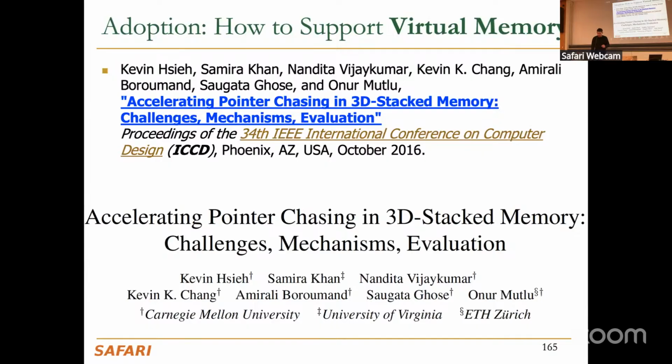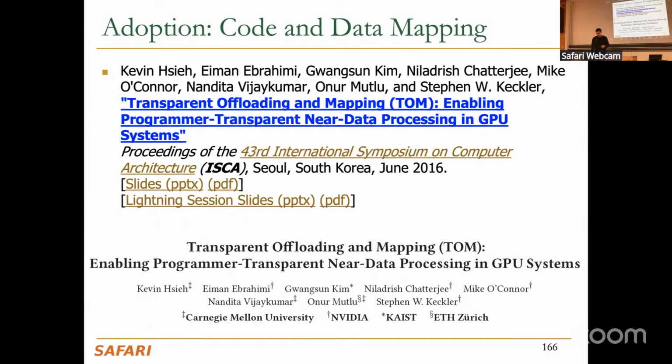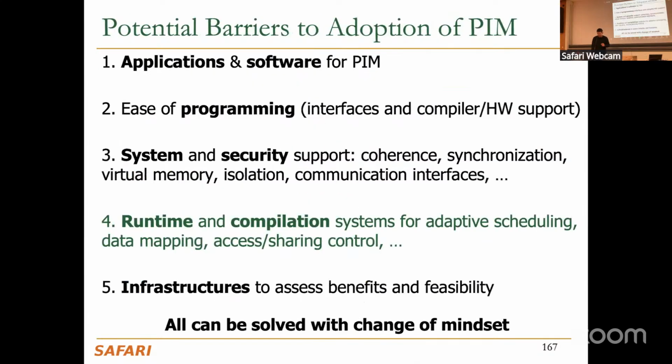This leads us to pointer chasing problems that also require virtual memory, and also code and data mapping. All of those I'm going to skip because those problems are very complex to explain in a short amount of time. But probably some of them are going to be required readings during the seminar this semester, so you're going to have more chance to learn about them.